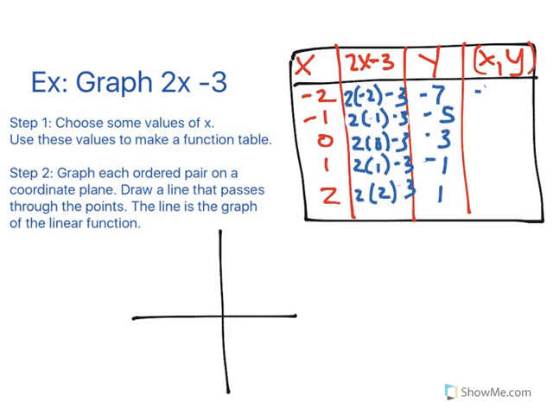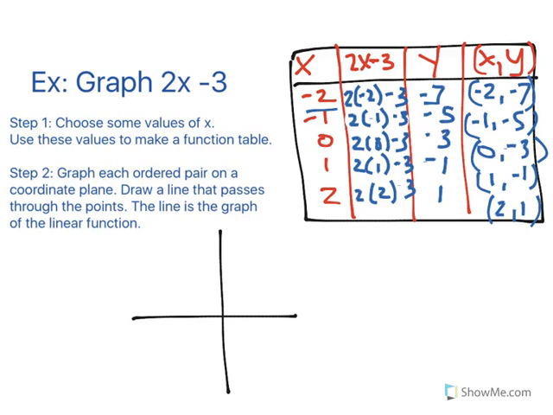So then we're going to have negative 2, negative 7. Again, I'm getting it from here. Negative 1, negative 5, 0, negative 3, 1, negative 1, and then 2, 1. So let's graph. Negative 2, negative 7, down here.